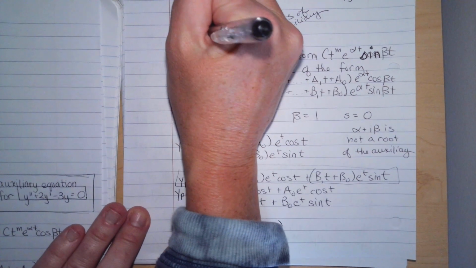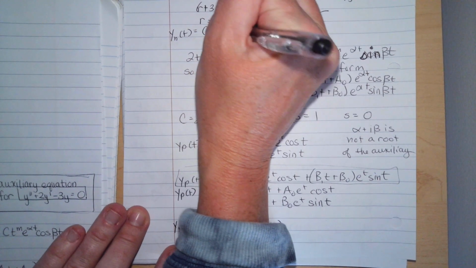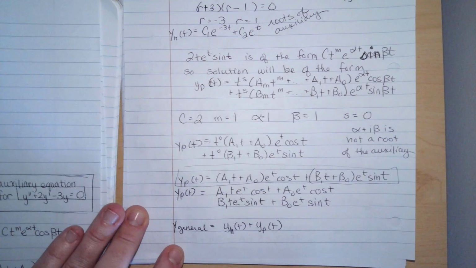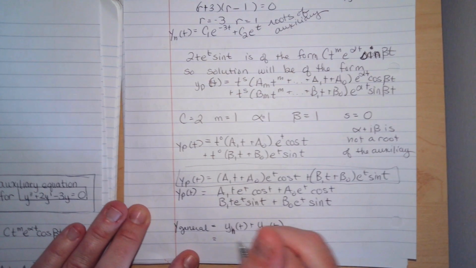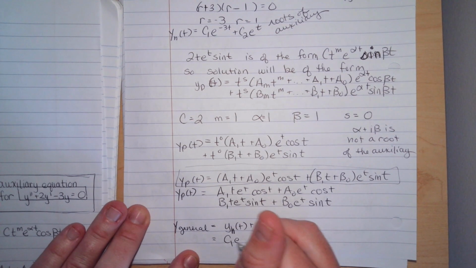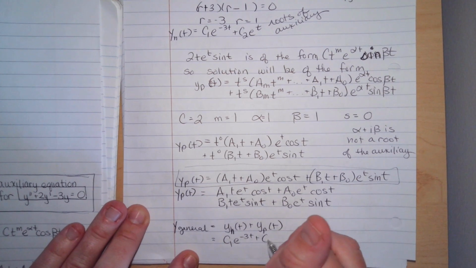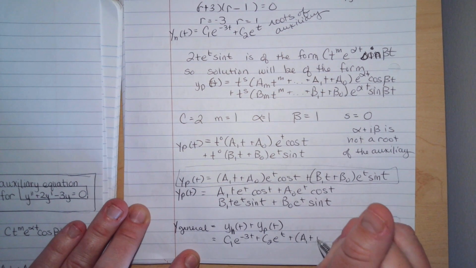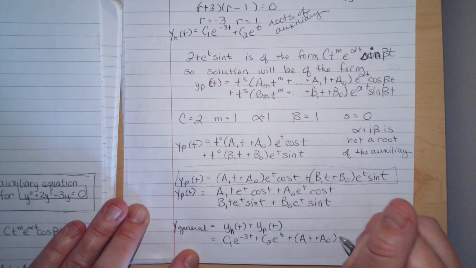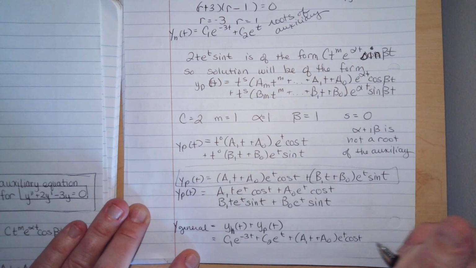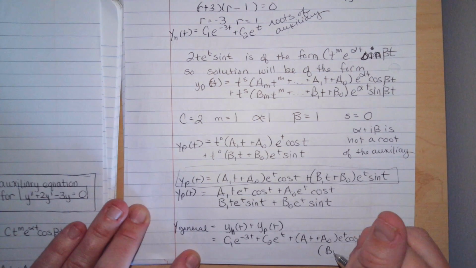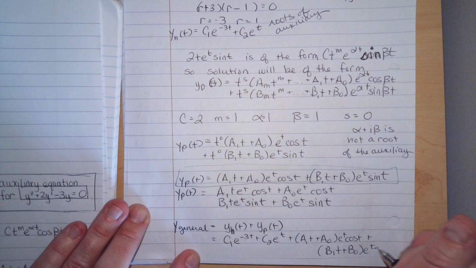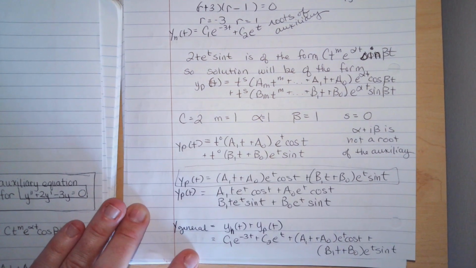Our y h of t equals C1 e to the negative 3t plus C2 e to the t. So I'm just going to come down here and copy that down, and then, like I said, undistribute. I think it's a little cleaner to look at. I hope that's helpful.